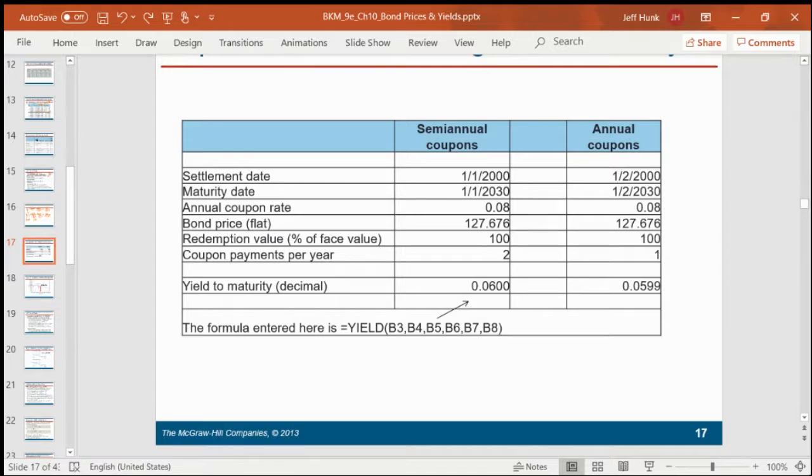Makes sense? And also this is a case of a premium bond. And of course, it goes without saying, the coupon rate is 8%, which is greater than the discount rate. So premium bond.